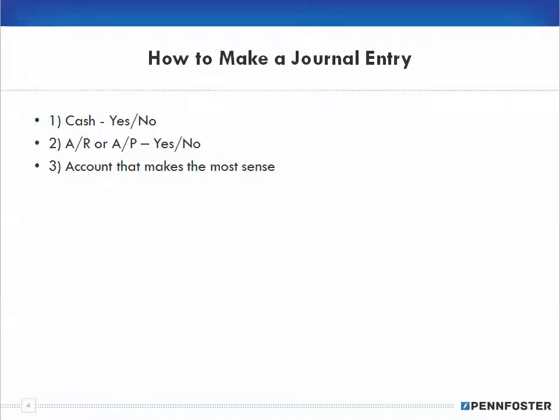And this is one of these aspects: how to make a journal entry. The book goes through a 5-step process in order to figure out how to make a journal entry. But for me, after so many years, I've developed this way of thinking that I'm going to present for how to make a journal entry.